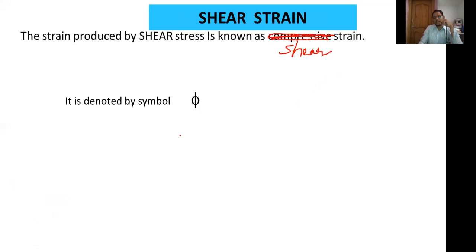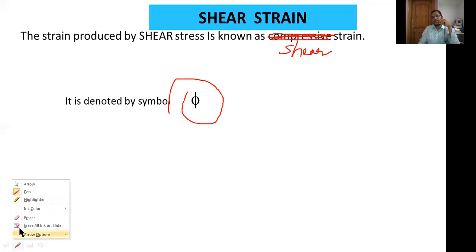Okay, the shear strain is denoted by the symbol phi. It is the angular deformation. Okay, shear strain is the angular deformation. That's why I am taking this shear strain in terms of angle.